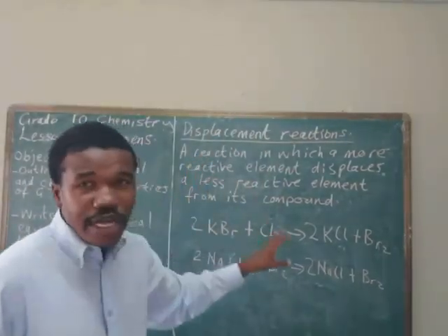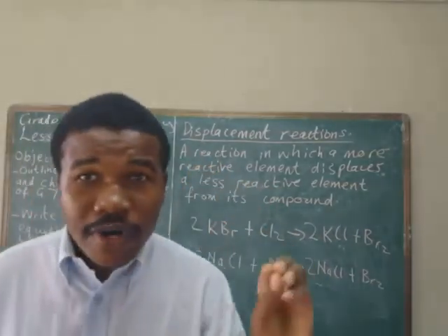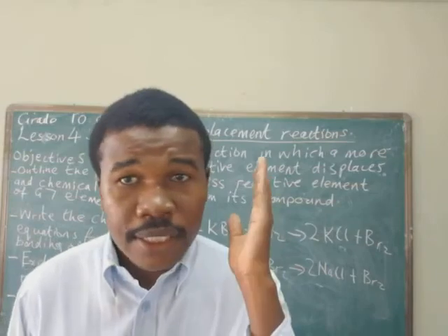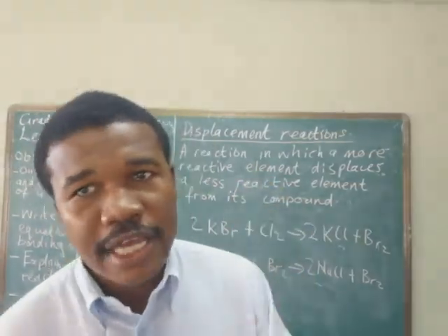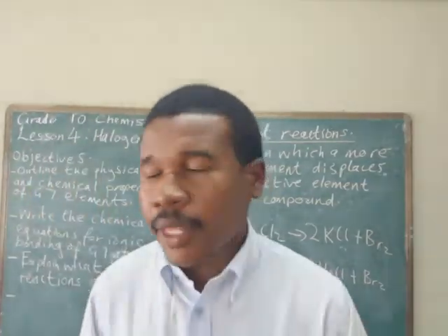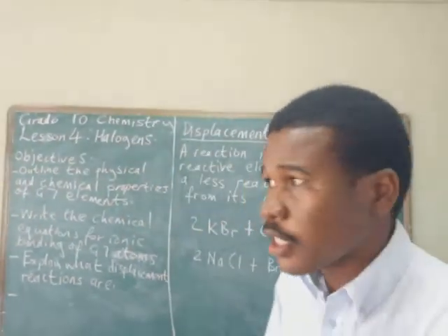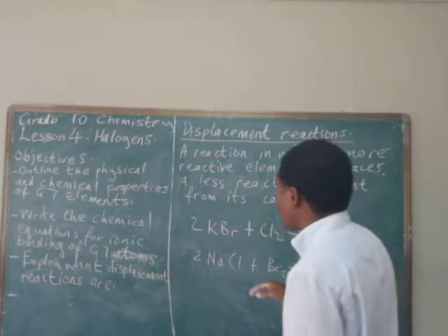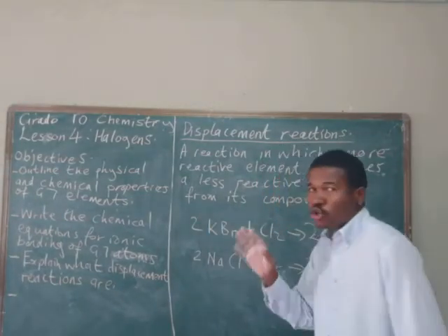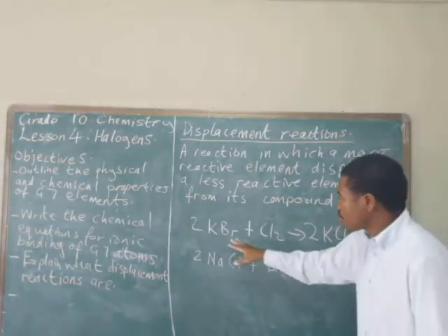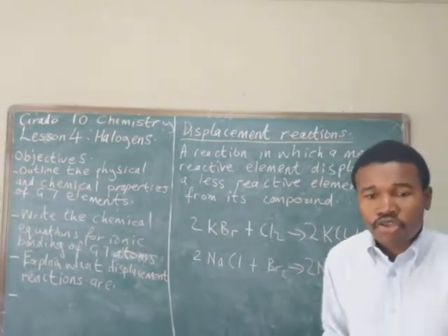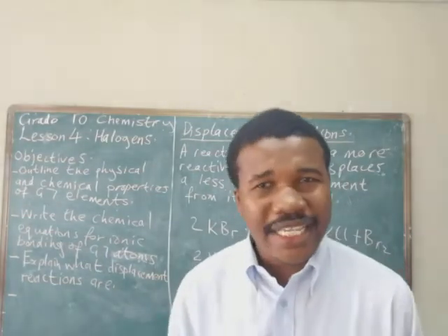So this is a reaction in which a more reactive element displaces a less reactive element, and we're talking in relation to group 7 elements, right? In the first scenario we have potassium bromide being reacted with chlorine in solution. So there is already the compound potassium bromide.